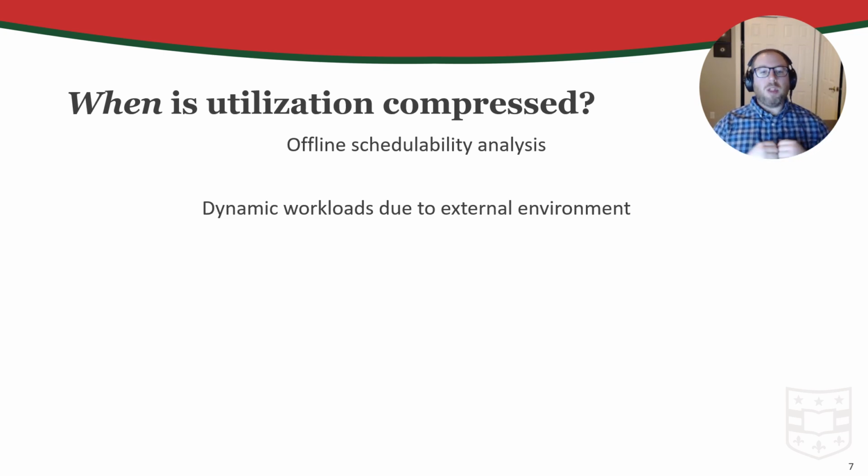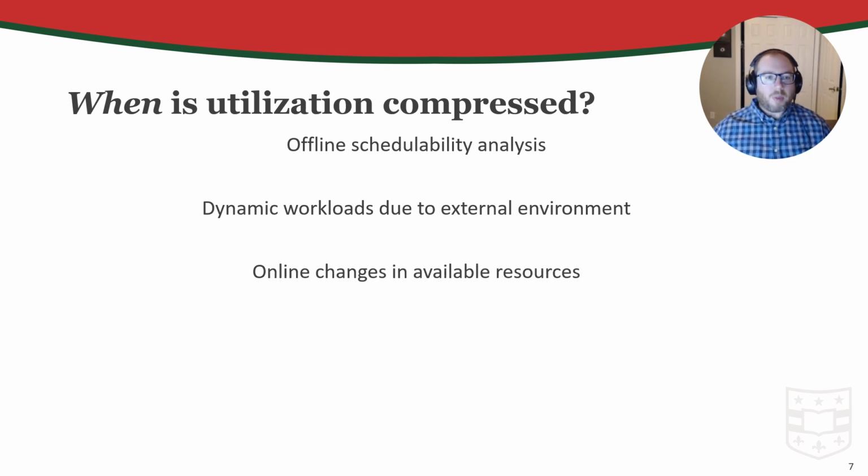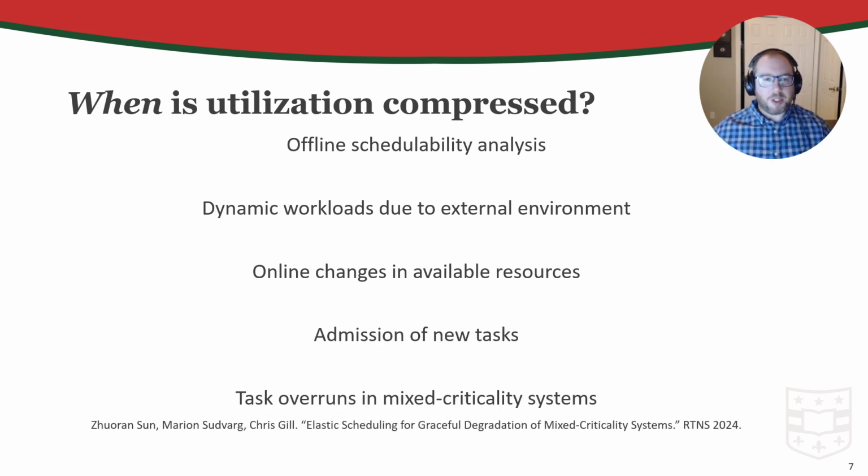For example, like we discussed with self-driving cars, the external environment can cause changes in task workloads. Furthermore, available computational resources may change online, or new tasks might be admitted to the running system, or in a mixed criticality system, task utilizations might be compressed to avoid job dropping when a critical task overruns, and we discuss this in an upcoming RTNS paper.